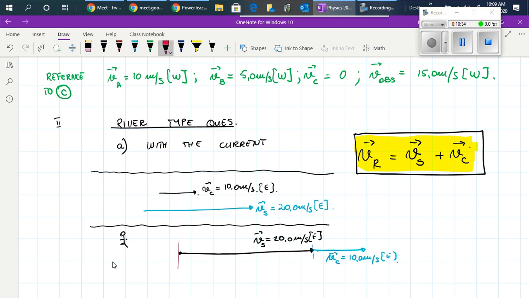Therefore, the resultant velocity is a vector that starts at the starting point and ends at the end point. This will be the resultant velocity graphically.